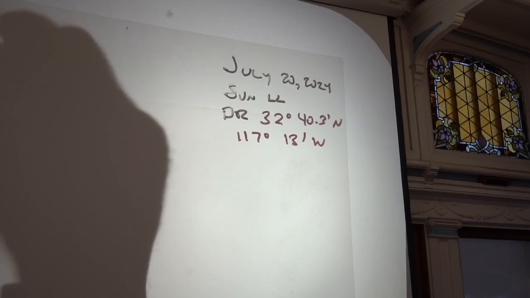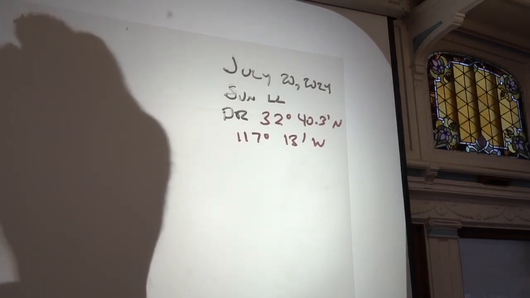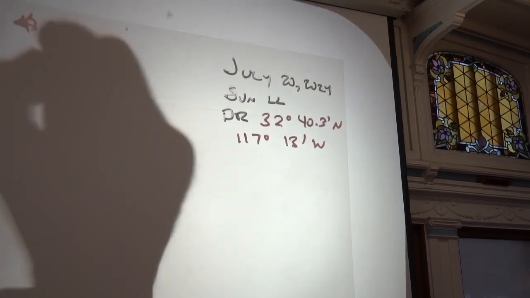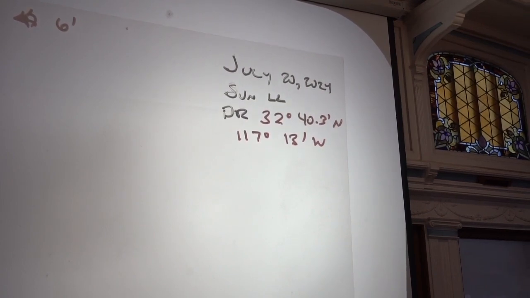Height of eye, and the little symbol for that often looks like a little eyeball, is 6 feet. We're 6 feet off the water.